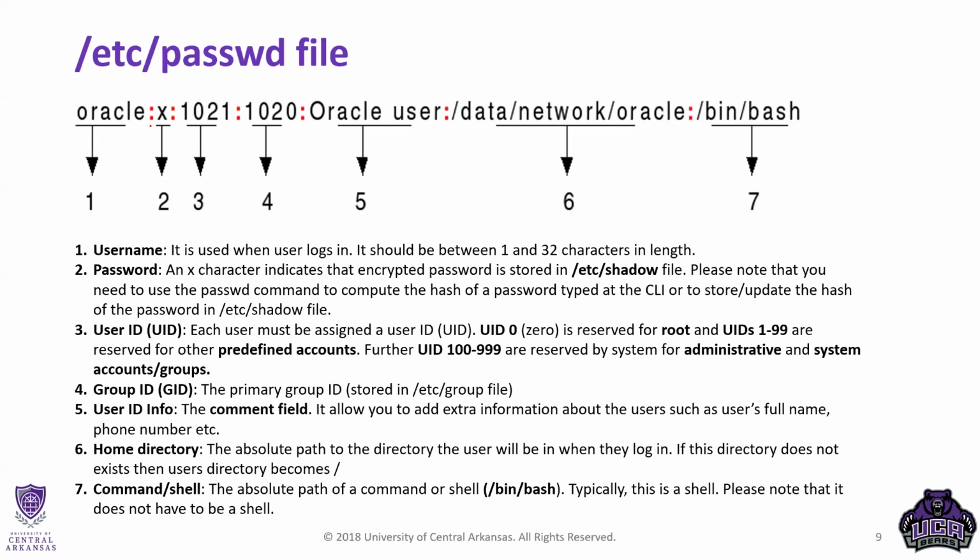So the x is literally a pointer saying that the password is handled in /etc/shadow right there. Of course, then you have your user ID, the group ID, and then number 5 is the comment section. And then we have the home directory and then your shell.